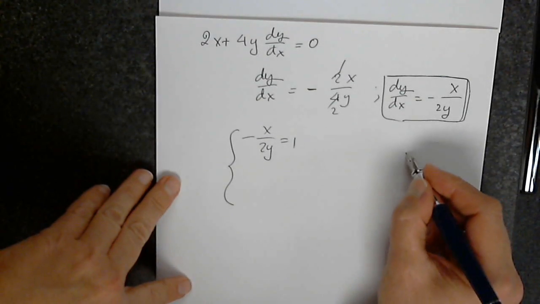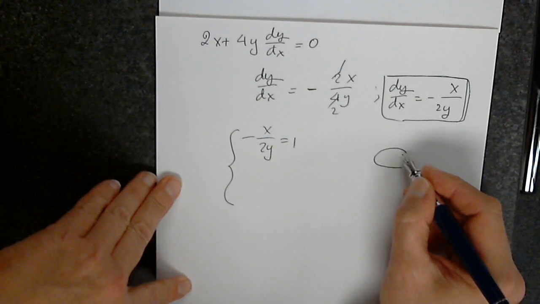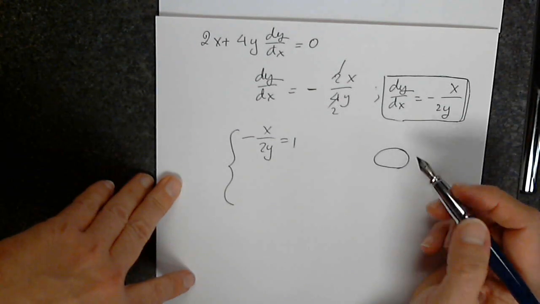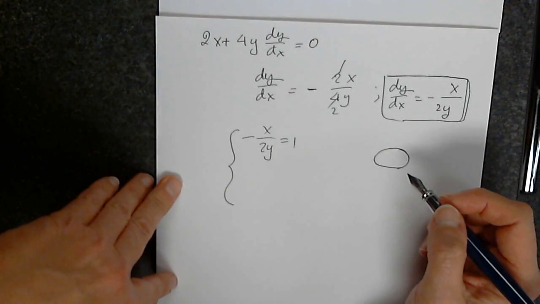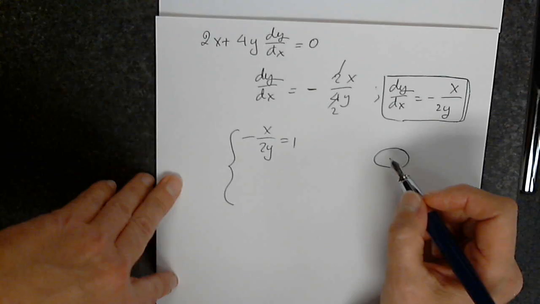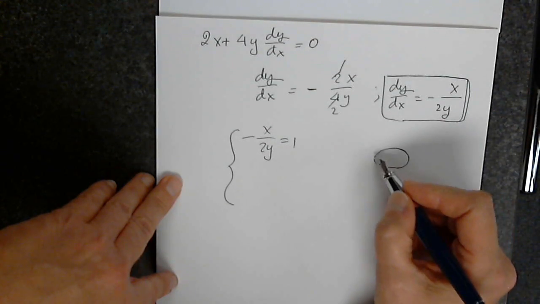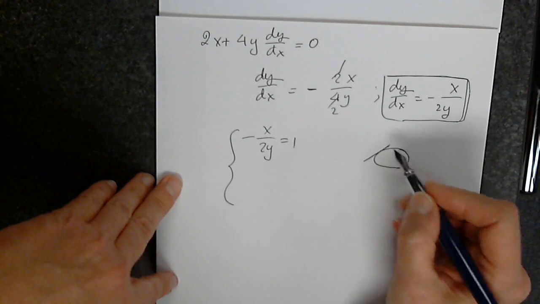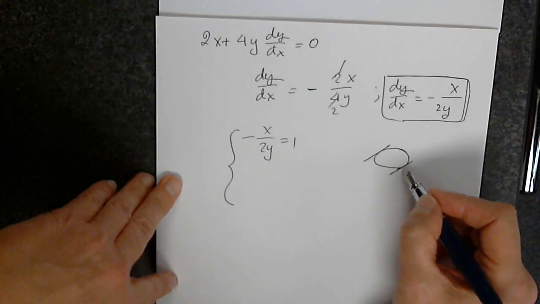Okay, so here's the idea. Here's the ellipse. And I'm asked to determine the points where the slope of the line is 1. So a tangent with slope of 1, a tangent with slope of 1.